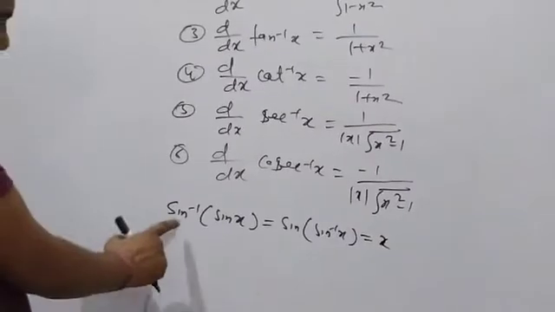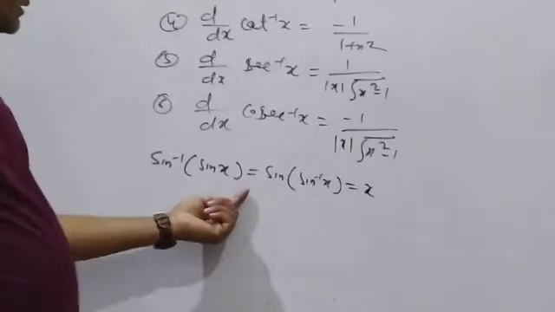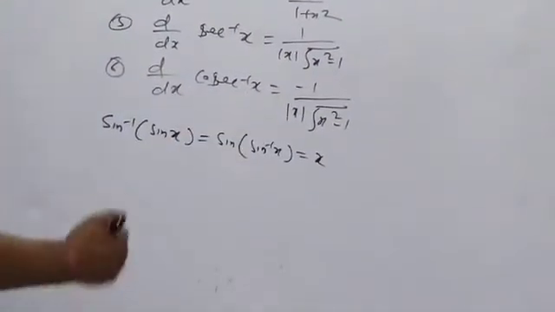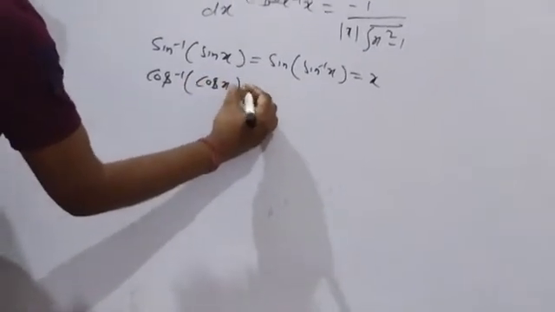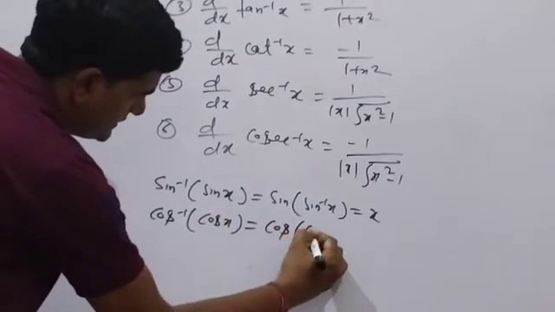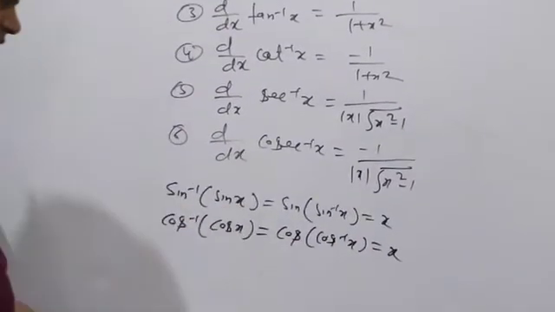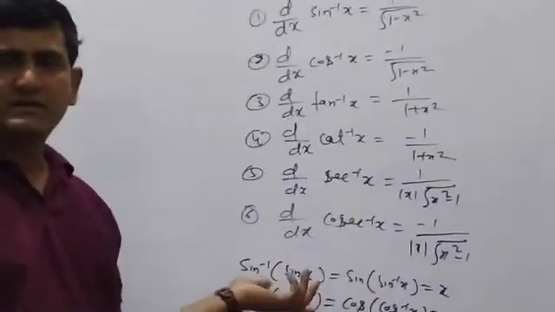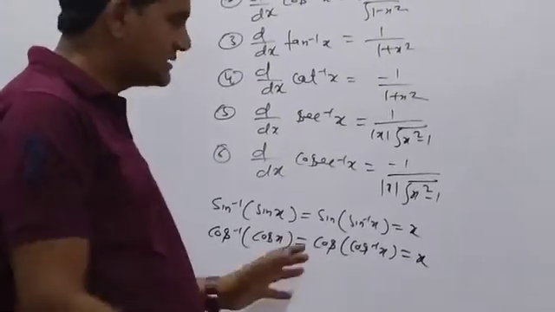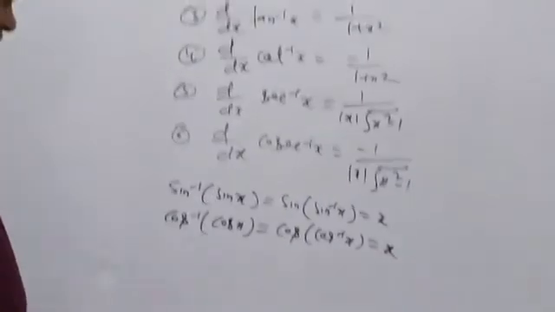It means sine inverse in bracket sine of an angle, sine of sine inverse x is equal to x, we can write here, and cos of cos inverse x is equal to x also. Similarly, we can write the same formula for tan, cot, sec, cosec also here. This is a property of the inverse trigonometrical function. When you study this chapter, at that time I will explain each and everything about this in depth.